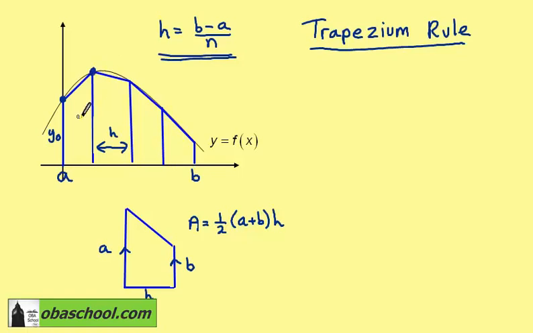This y-coordinate is the length of this side. The same here. The same here. And finally here, this y-coordinate gives us the length of this side of the trapezium.